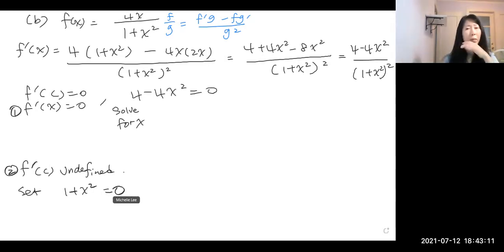Yes or no? For critical numbers, critical points. Yes, okay. But then let us talk about f prime of c undefined. 1 plus x squared, and then we get squared, right?